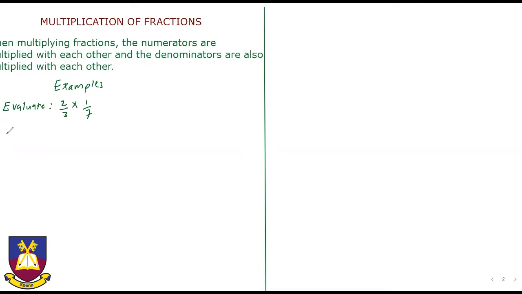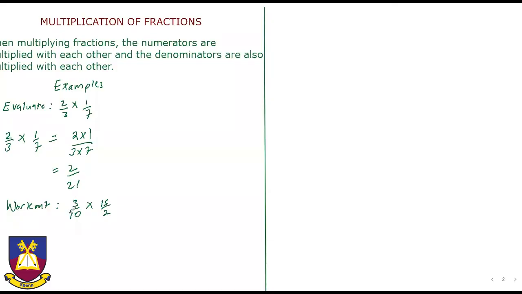We multiply the numerators, that's 2 times 1. We also multiply the denominators, that's 3 times 7. And this gives us 2 over 21. That's how we multiply fractions.